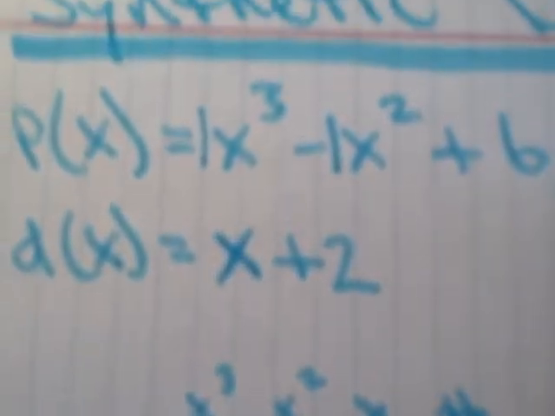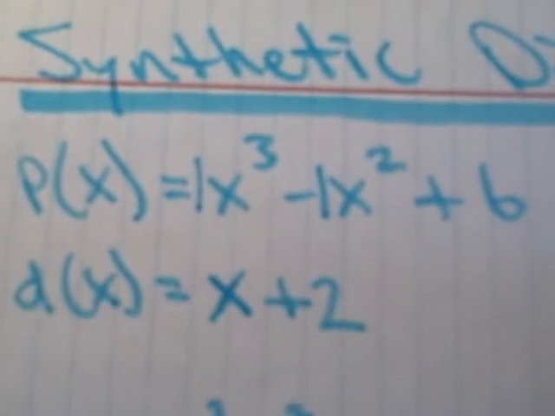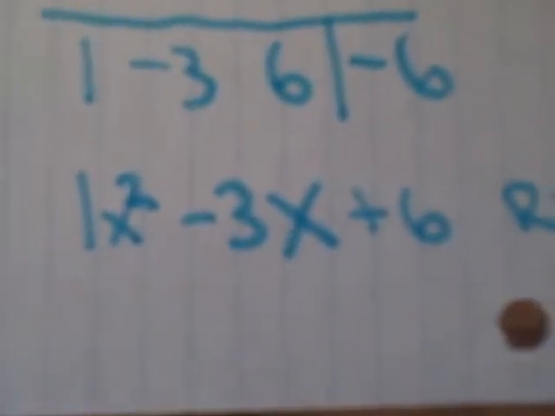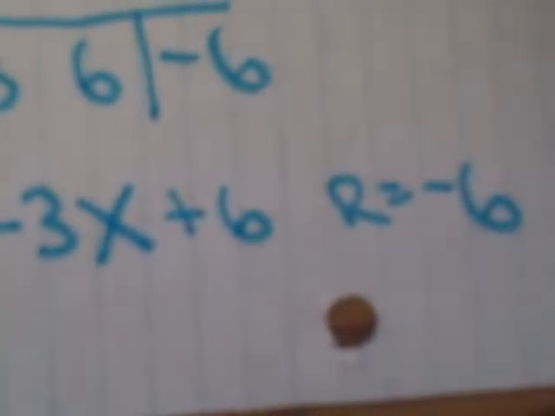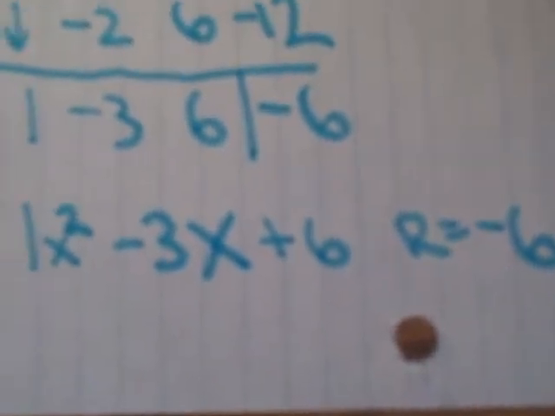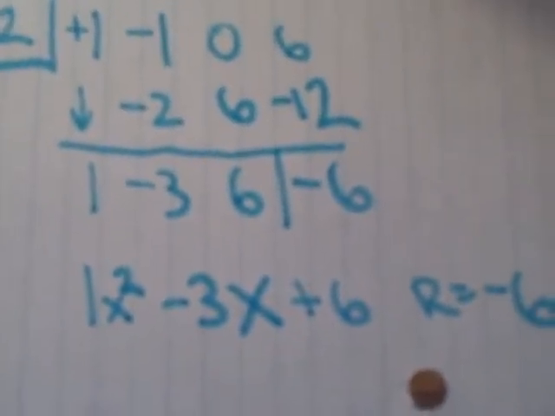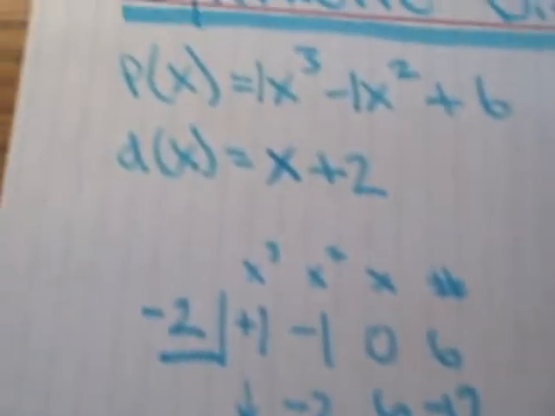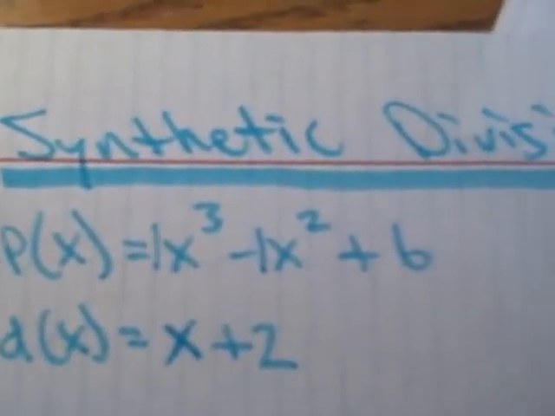So our answer to that problem using synthetic division would be 1x squared minus 3x plus 6 with a remainder of negative 6. And that is the correct answer because I verified it with an answer key. And that is our first section that goes over synthetic division.